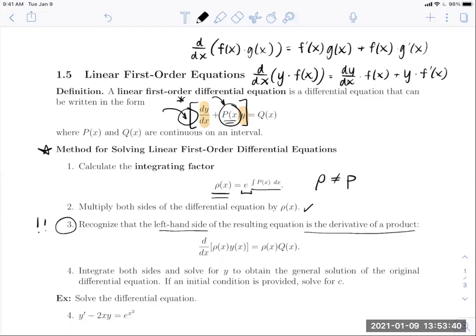Now, this is a super important step. What I see students do a lot is just take it for granted and assume that the left-hand side is the derivative of a product without checking it. It's easy to make mistakes here. Probably the most common mistake is this: if we go all the way back up to this original equation, what I want to emphasize is the sign in front of p of x.